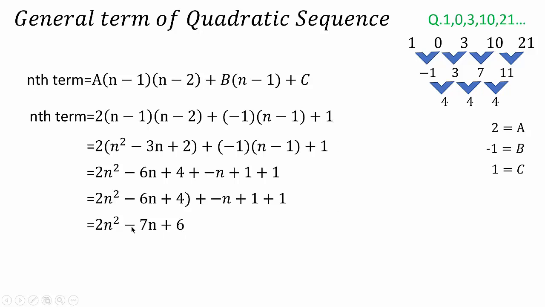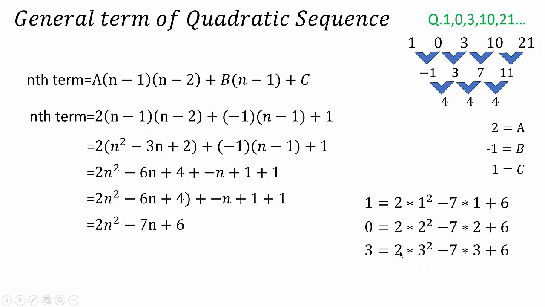So let's check by putting n equals 1. When we put n equals 1 in this formula, we get 2 times 1 squared minus 7 times 1 plus 6, which is 1. That's correct. When we put n equals 2 in this equation, we get 0, which is correct. And when we put n equals 3, we get 3 in the nth term, so it's correct.